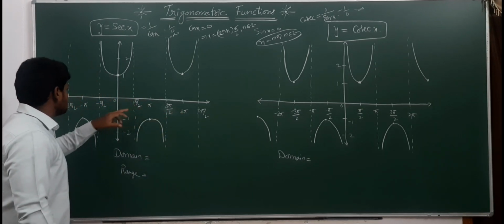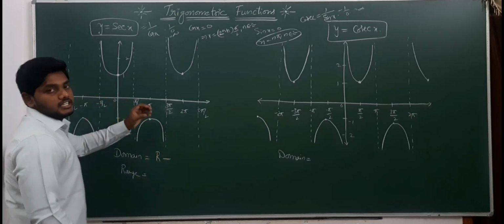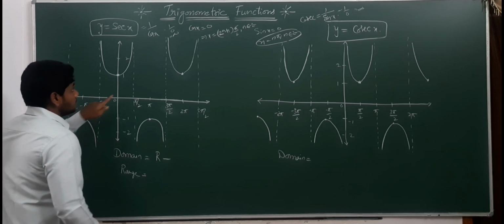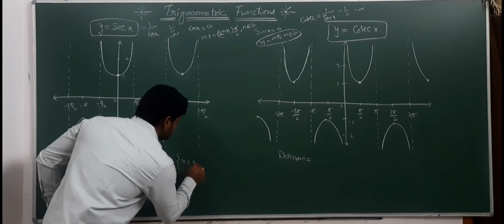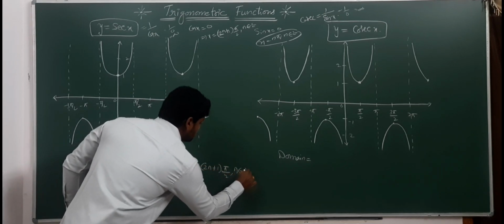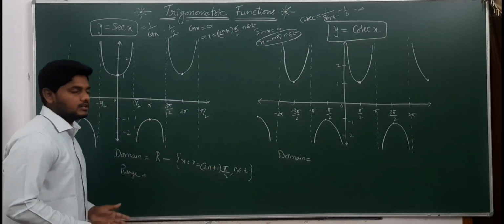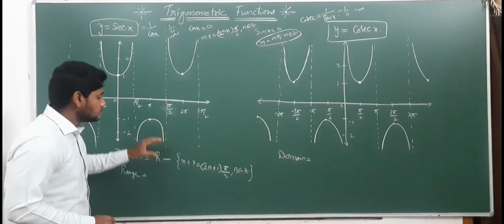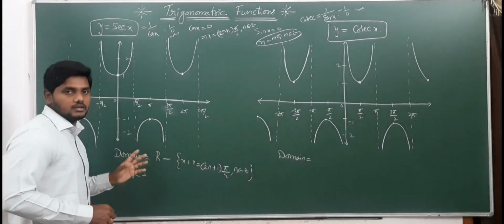If you observe x values, you can take any x value, all real numbers in terms of radians, except for all x such that x equals 2n plus 1 into pi by 2 where n belongs to Z. Did you understand why except this? Because if you substitute, it will become undefined. Domain means it should be acceptable by that function, so if you substitute this, it won't accept. So domain will be R minus of this, any real number except this.